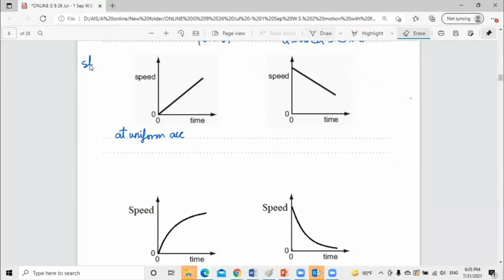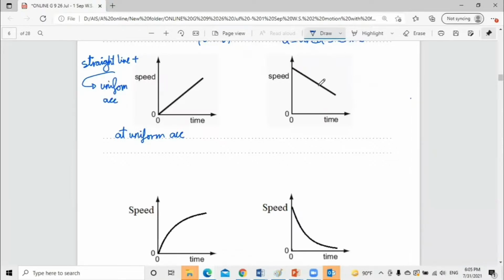صح كتبت ستريت. اوكي الستريت لاين positive، شو represent؟ Uniform acceleration. طب وهذا اللاين شو represent؟ هذا برضه straight line بس ماله deceleration. ليش deceleration؟ شكرا يا هنا. هذا acceleration لأنه السبيد شو مالها؟ It's increasing, so speeding up.